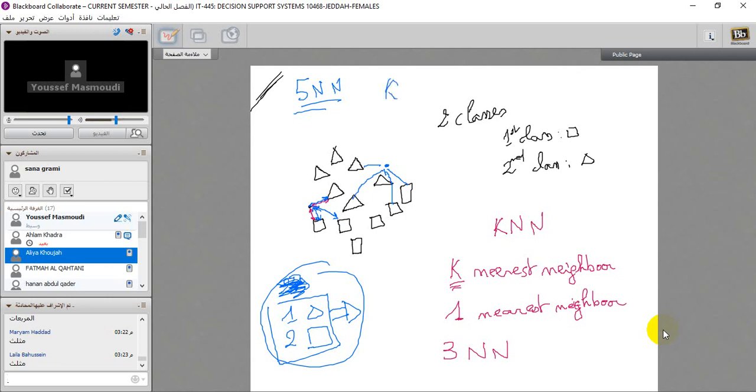Is the KNN method clear? K nearest neighbor.